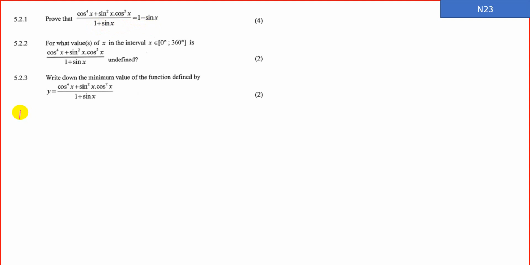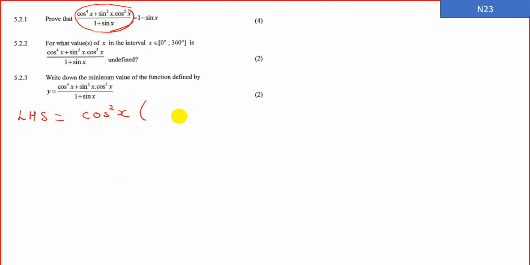So immediately we're going to start with the left-hand side. On the numerator we have cos to the power 4x plus sine squared x times cos squared x. What we can see is that we have a common factor which we're going to pull out, and that is cos squared x.